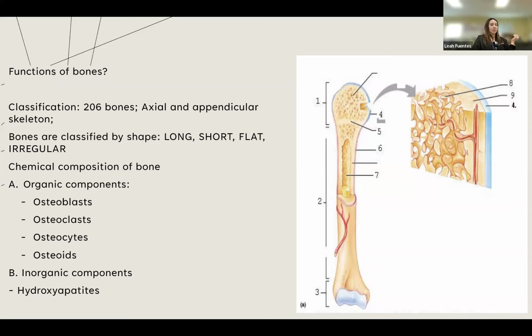And this is also where bone gets its hardness from. So if you've had a chance to pick up some of the bones that we were looking at in the lab or in here in 30111, if you pick up a femur, it's pretty hard and heavy. Same thing with a real human skeleton femur. They're hard and heavy. These are due to the hydroxyapatites.